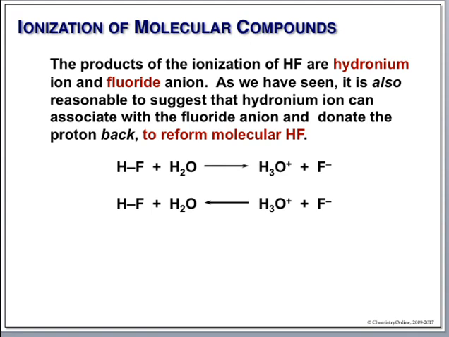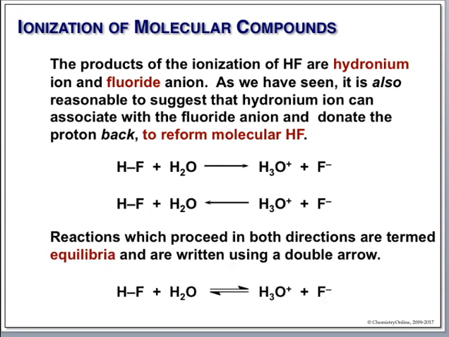Both of these reactions go on at the same time, simultaneously. Once again, 10 to the 8th times per second. Very, very fast. When we have reactions that go forward and in the reverse at the same time, we call this an equilibrium.